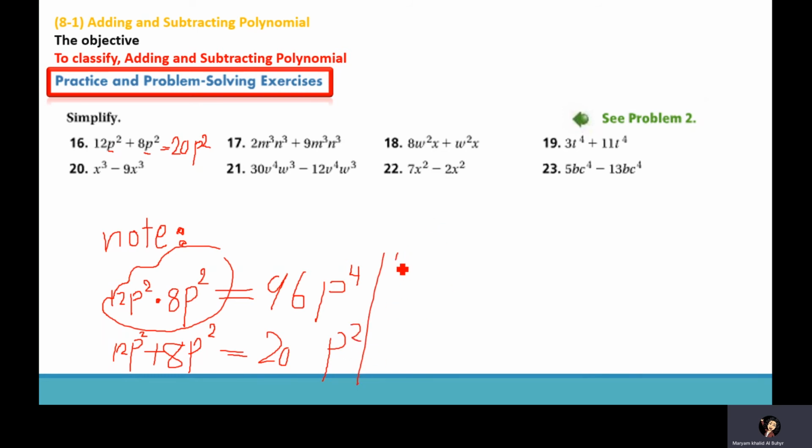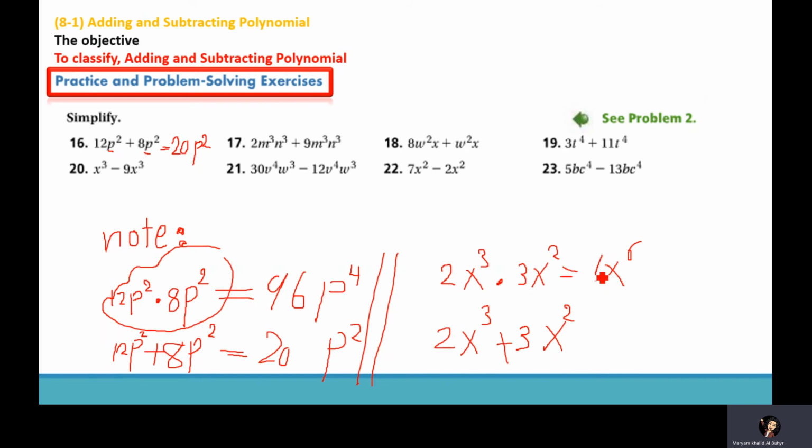What about if you have, for example, let me give you another simple example. If I have 2x to the power 3 times 3x to the power 2, that's multiplication, and we have 2x to the power 3 plus 3x to the power 2. The multiplication equals, same base, add the powers, so that is x to the power 6, and we multiply the numbers, which is 6.